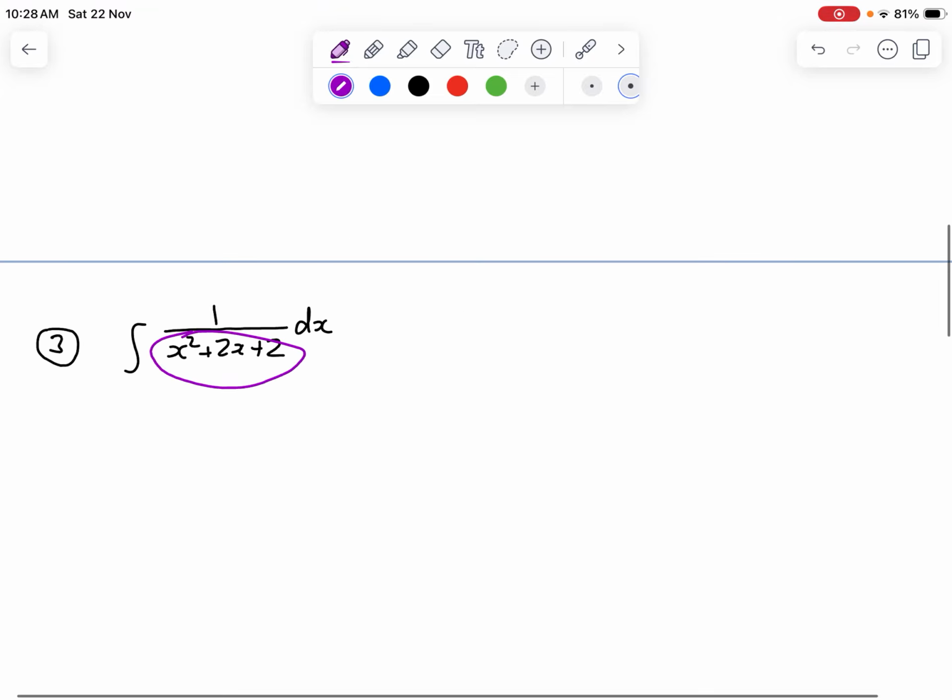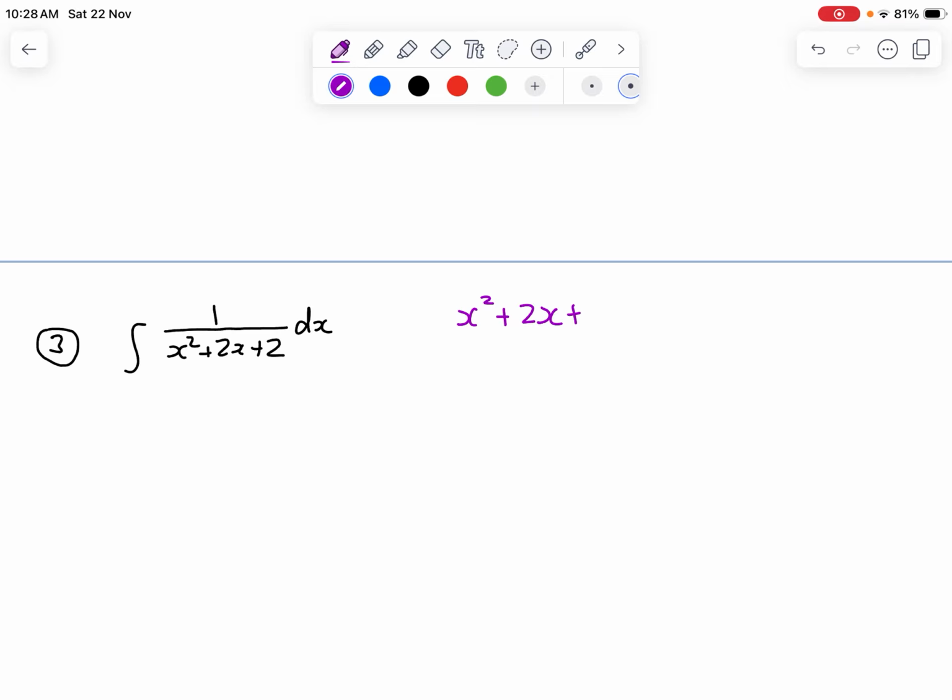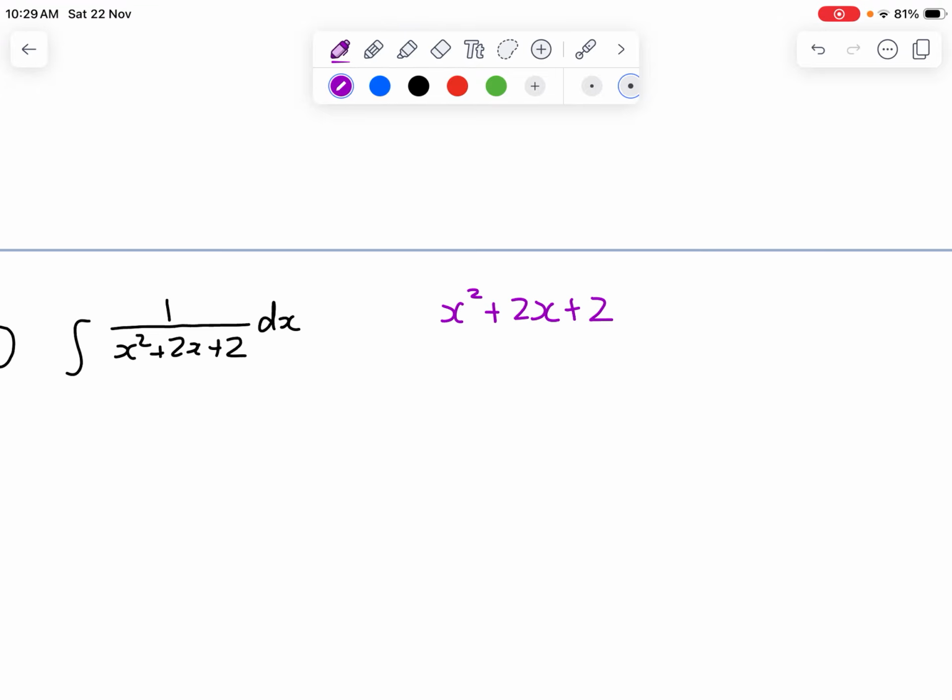So we want to complete the square for the bottom one, and I'll explain why we're doing that later on. But basically, recall in algebra you probably learned there's different types of quadratic functions, right? And when you complete the square, it's when it shows the vertex, basically.